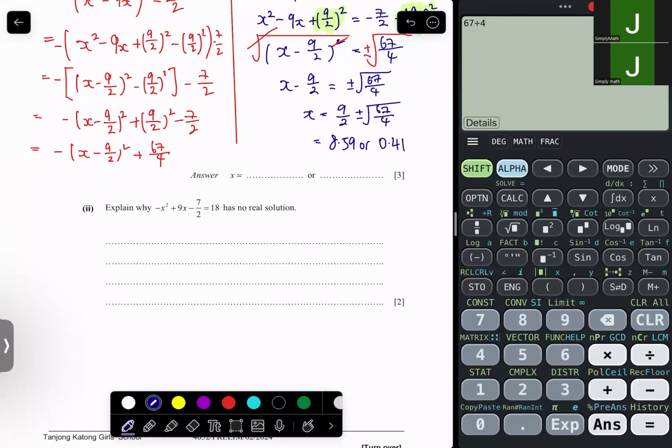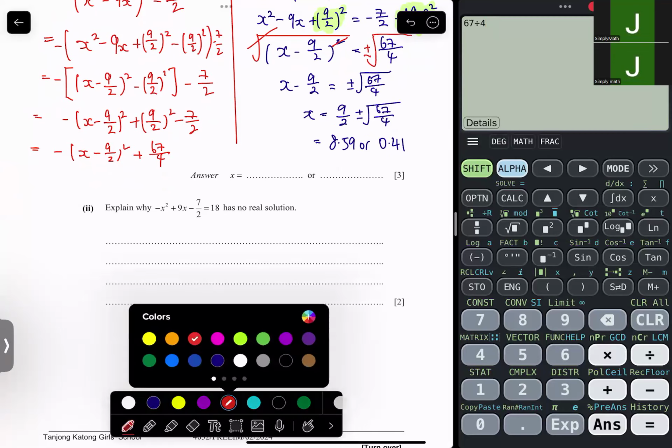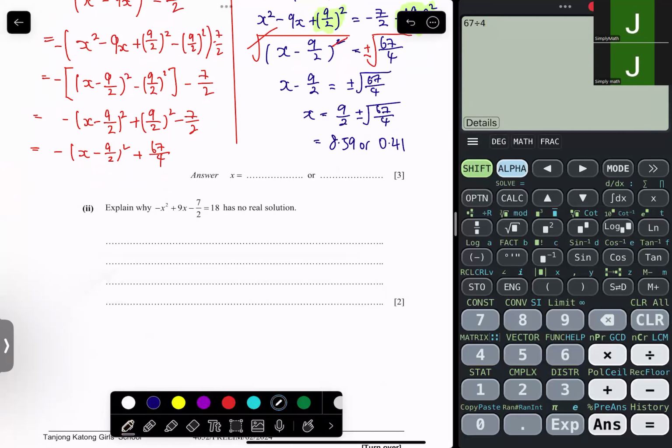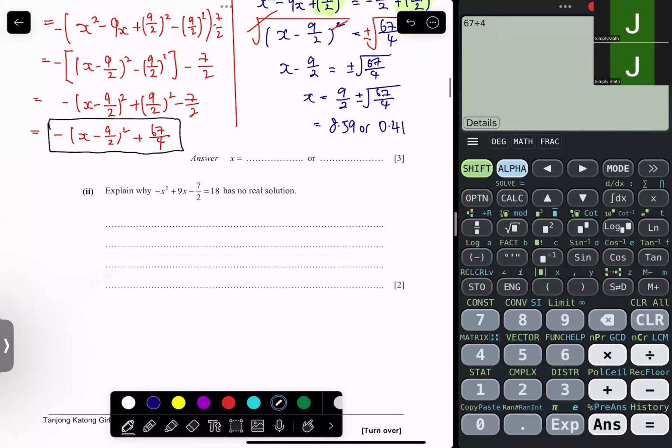In the completed square just now, we had this. So that means that the turning point is 9 over 2 and 67 over 4, and this is a maximum point as well.